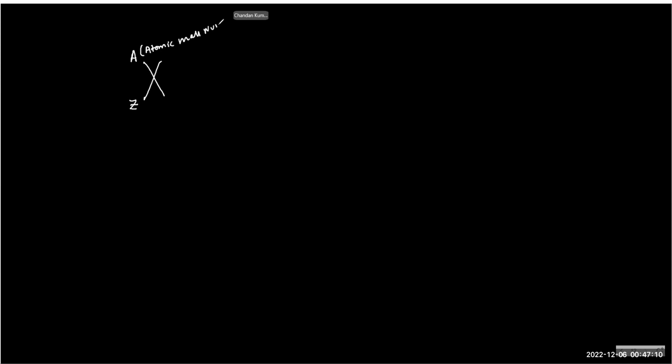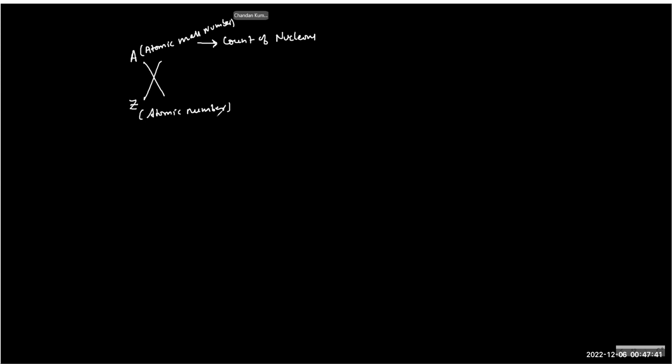And what do you write here? Atomic number. So mass number is basically the count of nucleons. Is this clear? So what is A? Atomic mass number, which is the count of nucleons. What is Z?